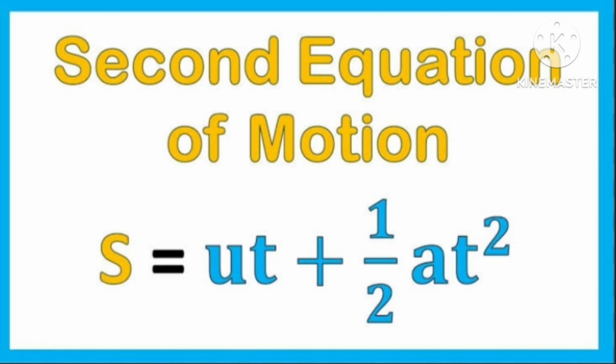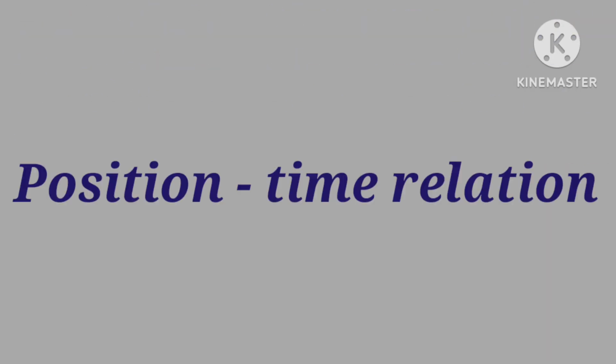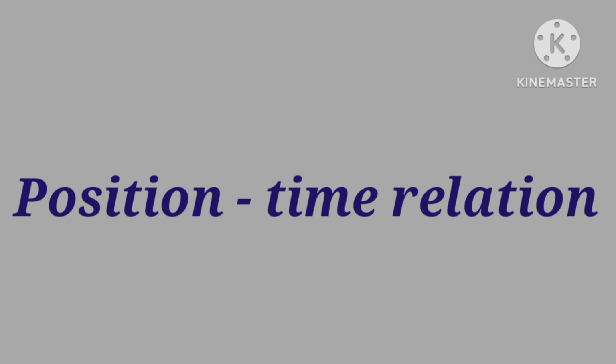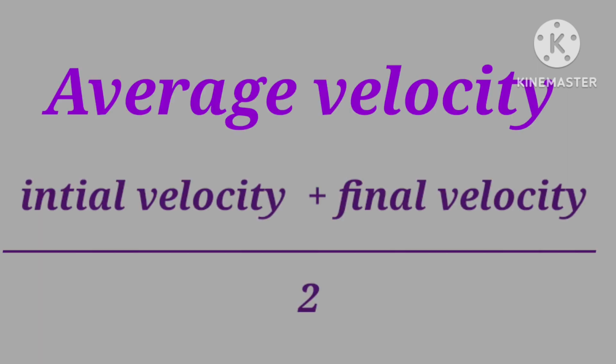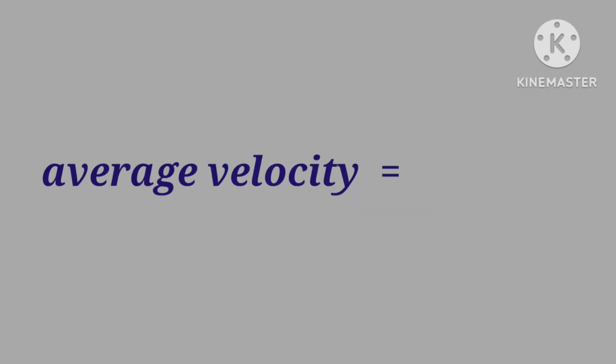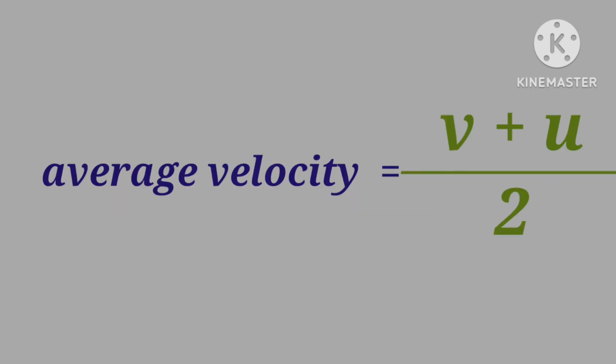Our second equation is s is equal to ut plus half at square. This equation is also called the position-time relation. We know that the formula for average velocity is the sum of initial velocity and final velocity divided by 2. Therefore, average velocity is equal to v plus u divided by 2.